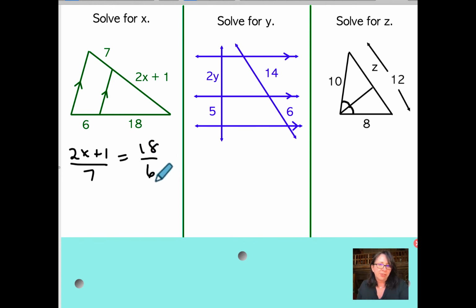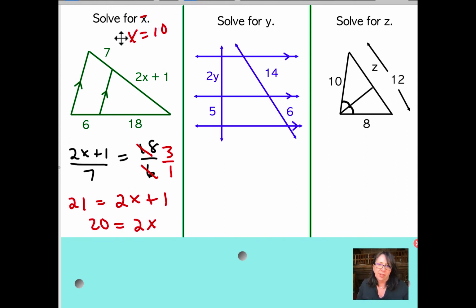And 18 over 6 is actually 3 over 1. And what that's going to do is just lower the numbers a little bit. Now, 7 times 3 is 21. That equals 1 times 2x plus 1. I get 2x is equal to 20, and so therefore x does equal 10.